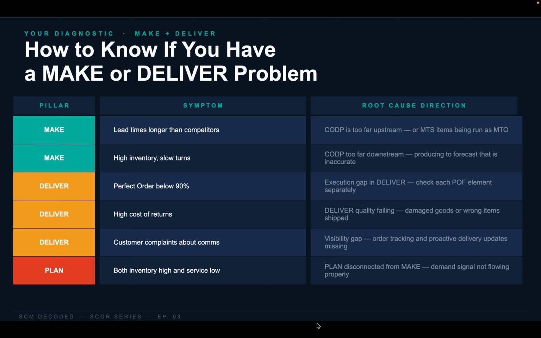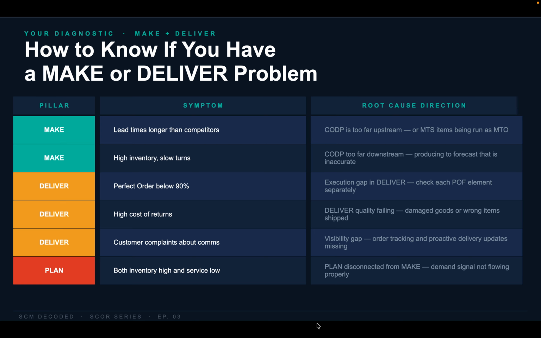When you see the lead times are longer than competitors, before you add production capacity, check your CODP position. You may be running make to stock items as make to order without realizing it. And I can say it this way as well, both inventory high and service levels low at the same time.